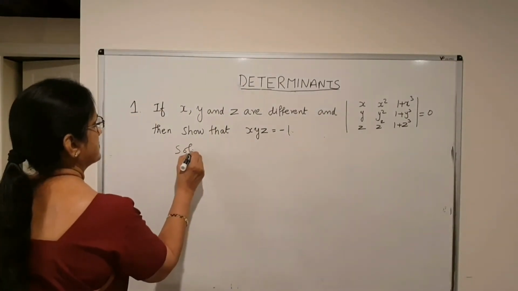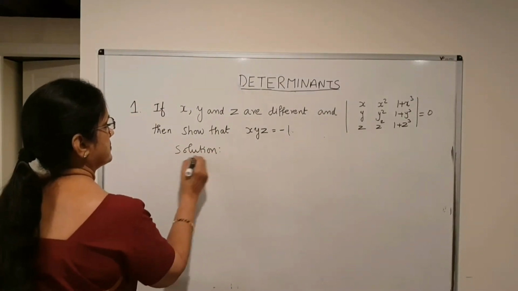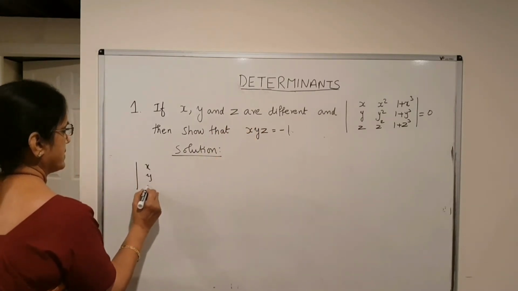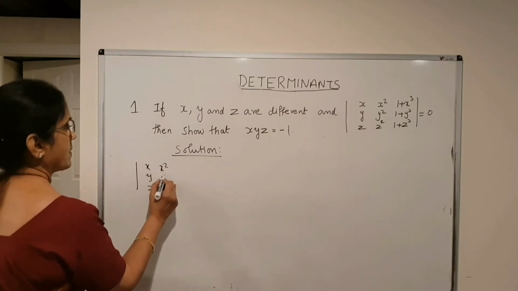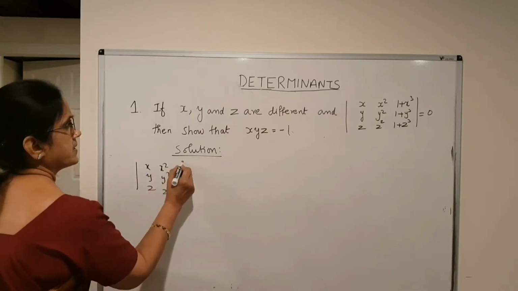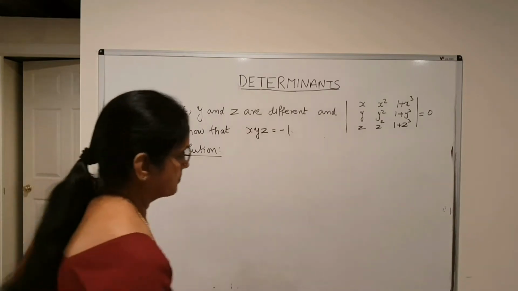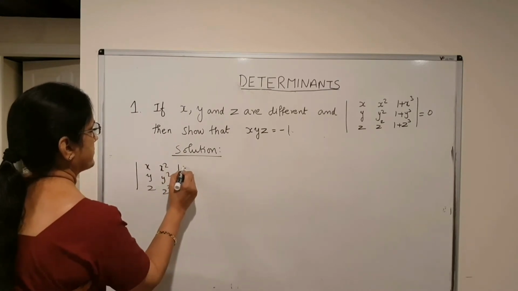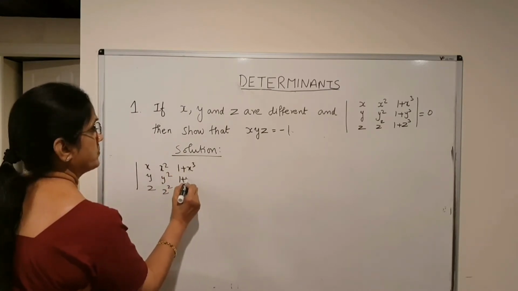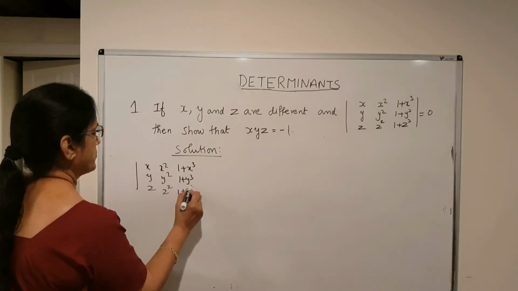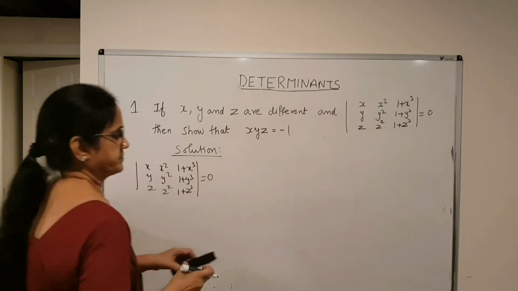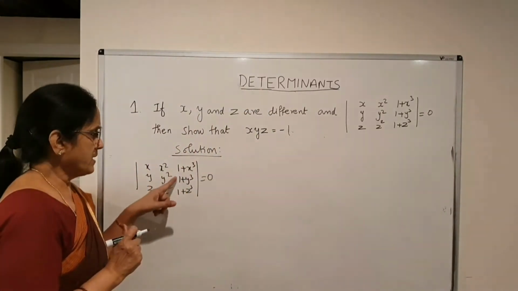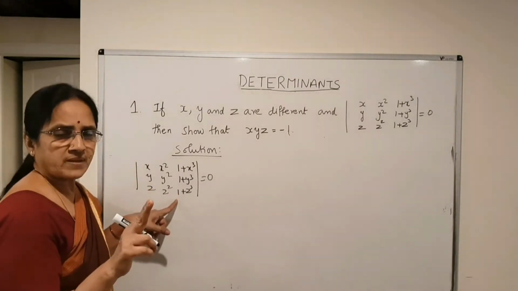Solution. What is given to you actually? The determinant with rows x, x square, 1 plus x cube; y, y square, 1 plus y cube; z, z square, 1 plus z cube equals 0. Now, if you see the third column, every element over there is the sum of two elements.